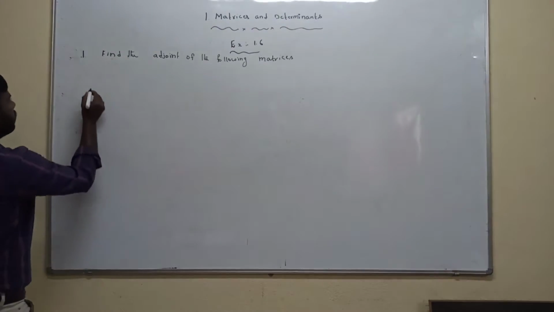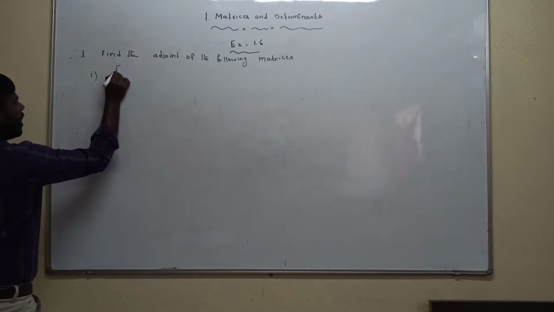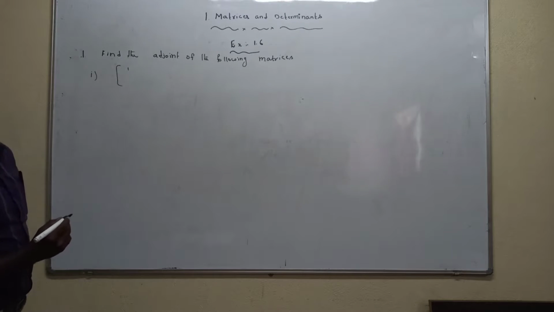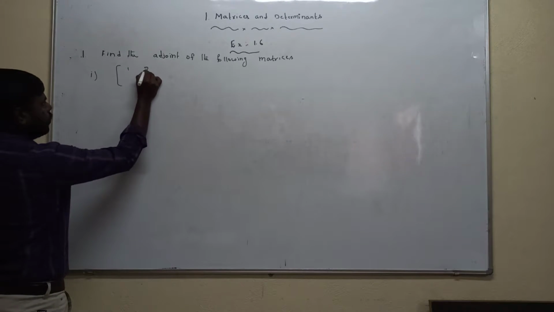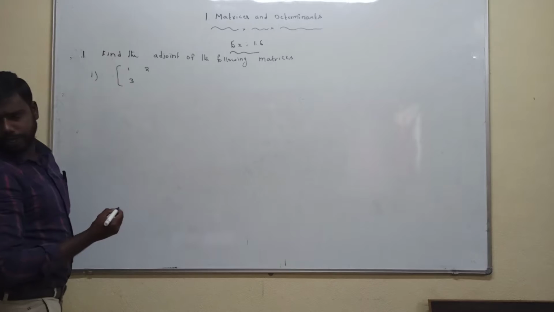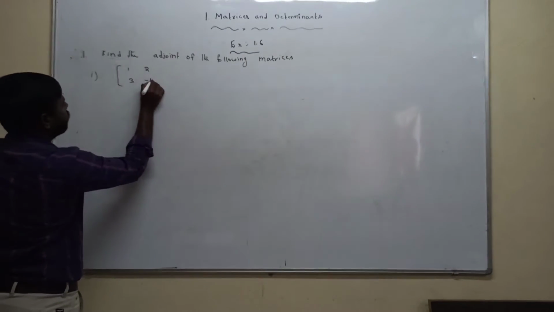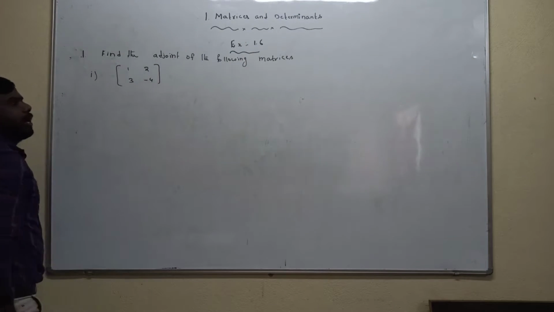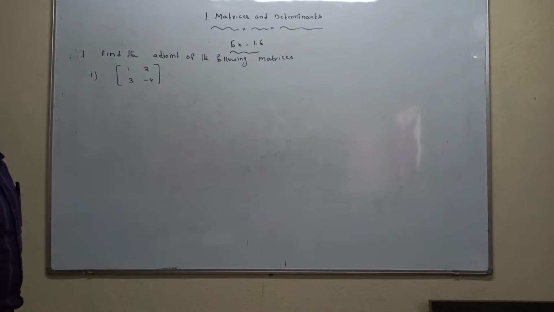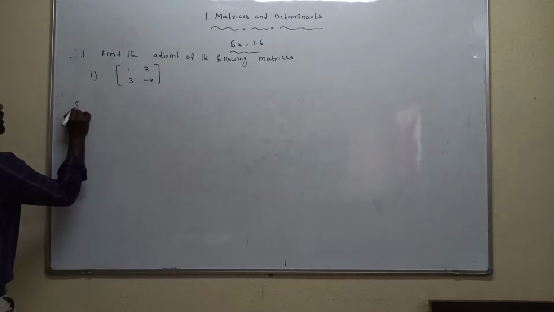See the first question. The given matrix is 1, 2, 3, minus 4. So they gave one matrix, we need to calculate the adjoint matrix. See the solution here, friends.